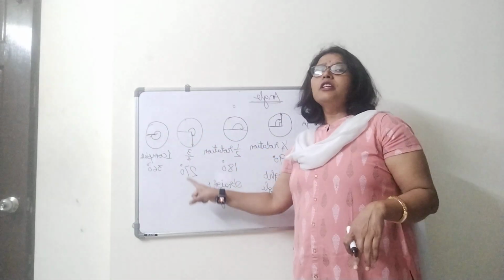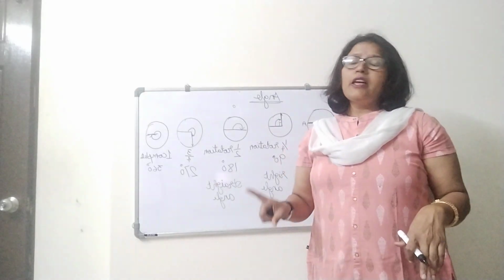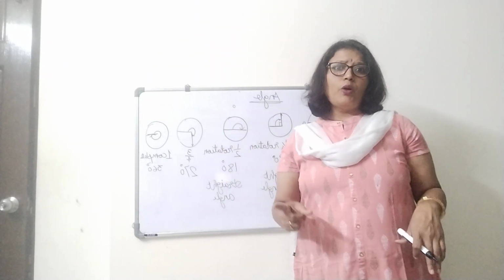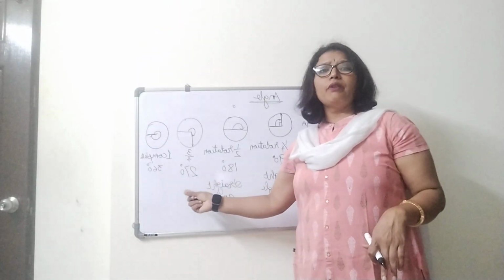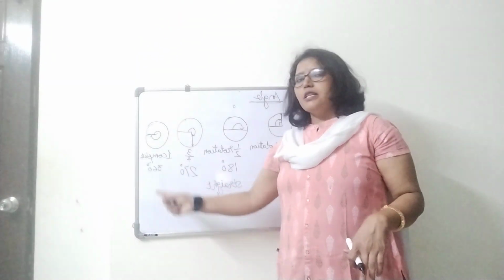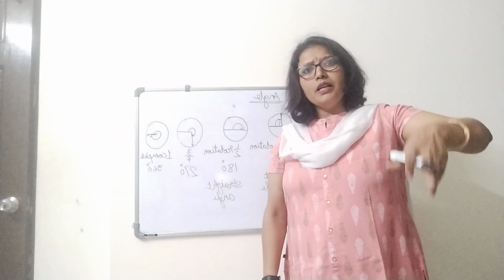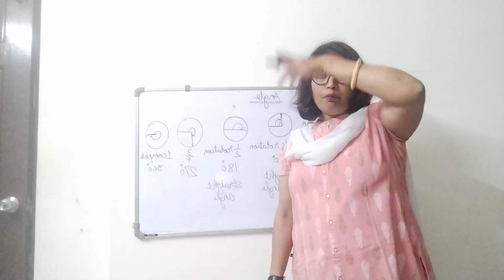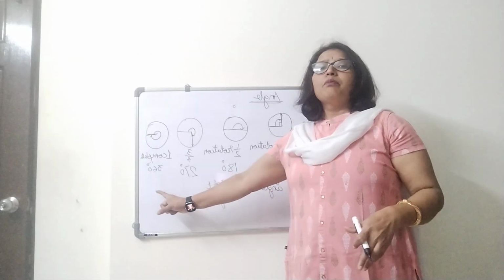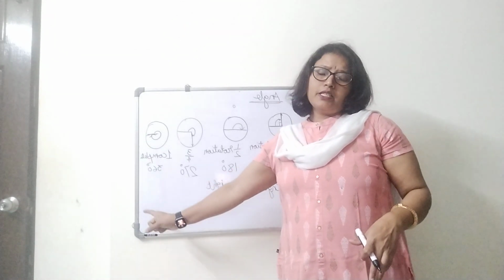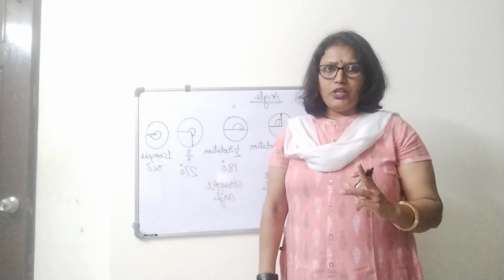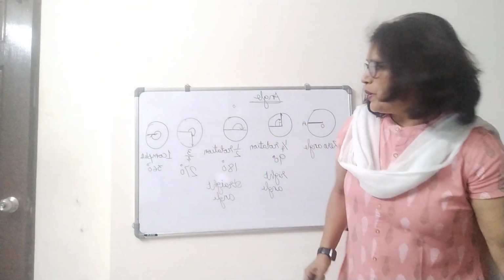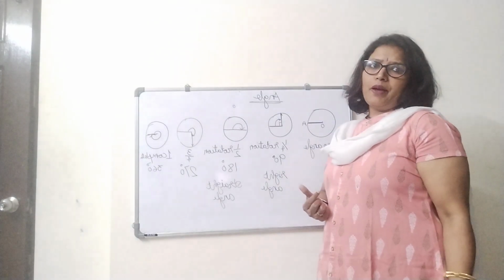When it makes a 3/4 rotation, that is 270 degree. And the last one is when the angle makes one complete rotation, the angle formed is 360 degree, or we call it one complete rotation.